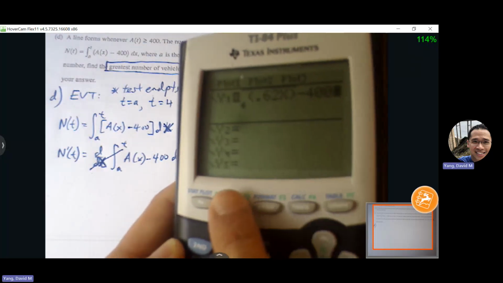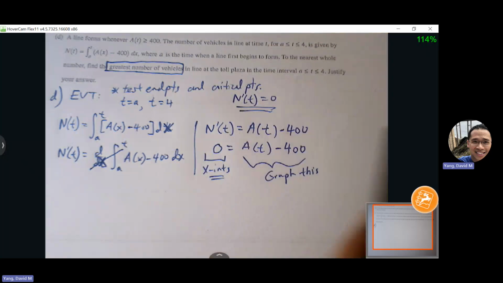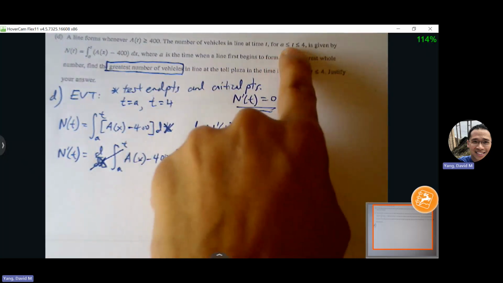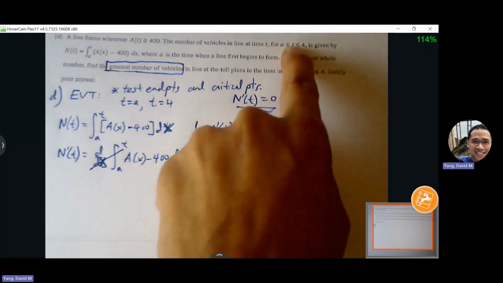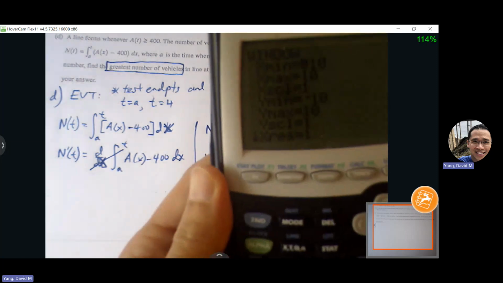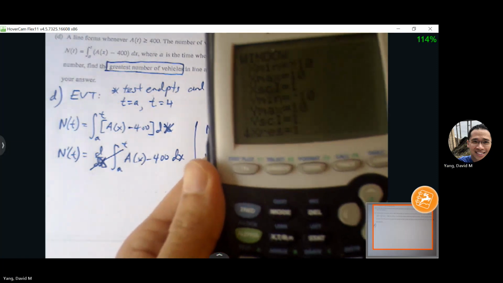I'm going to adjust my window a bit. I'm looking at here between 0 and 4, so my x values are not going to be more than that. So I'm going to just say from like -4 to 4 or -5 to 5.